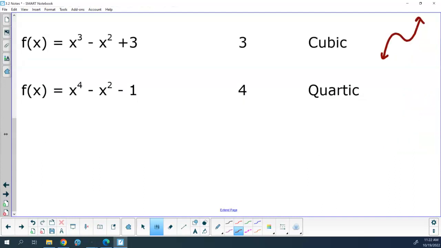A quartic function is next. It's got a degree of 4. I like to call it the warrior function, or the Wausau West function, because it makes a W. If it's a negative exponent, then it's a marathon function. It makes an M.